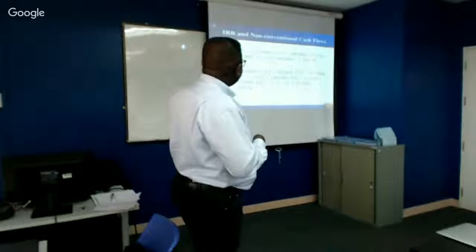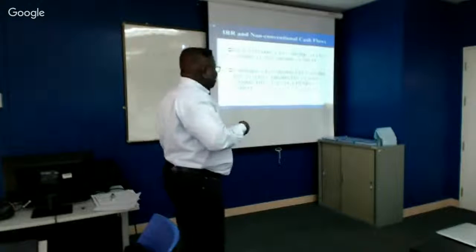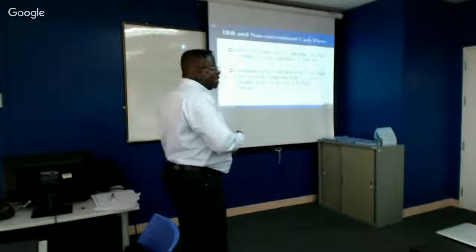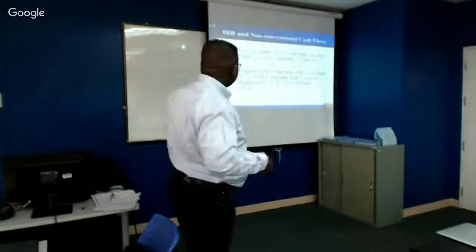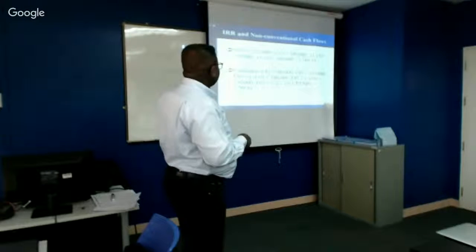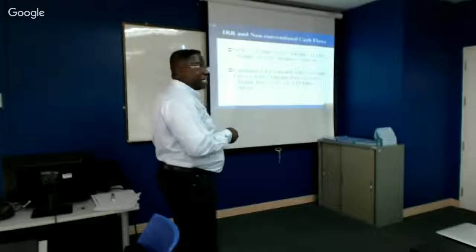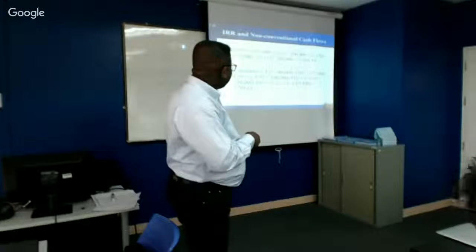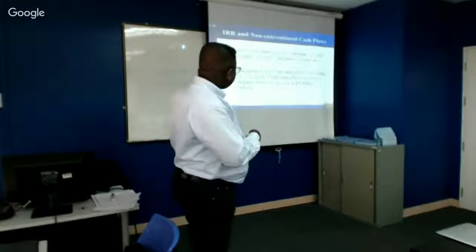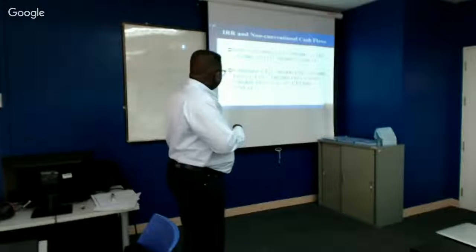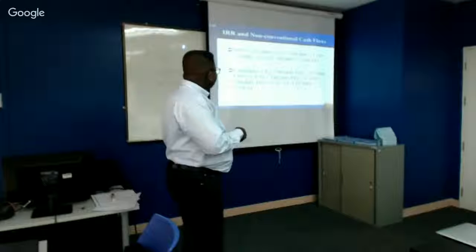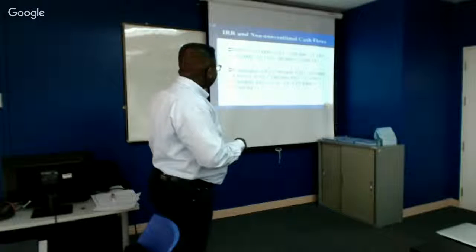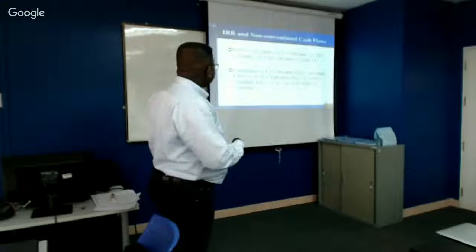If you calculate by yourself, you can do it this way. If you want to use the calculator, this is the initial outflow, so you put minus, and then the cash flows for the first year, second year, third year, that's it. And then the interest, and you calculate, you get this.